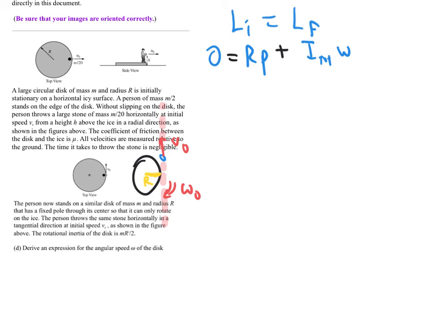And then we need to be really careful, because one of these is in the opposite direction as the other. We traditionally take counterclockwise as positive, so I'll stick with that. So I actually have minus I omega here. Oh, sorry, they gave us what it should be, so it's I omega.